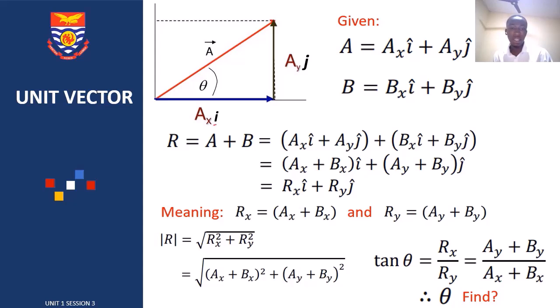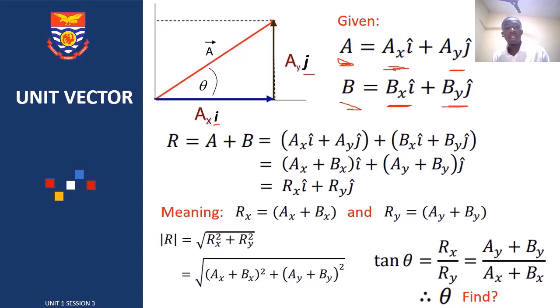So the i and the j. Given a vector A, let's resolve it into its various components, say the direction of x and the direction of y. And also, given a vector B, we can have the x and the y.